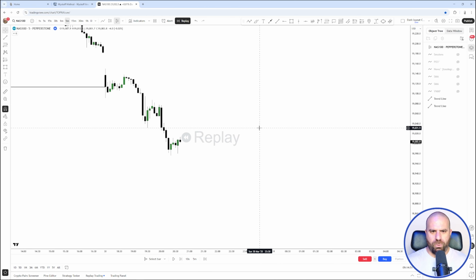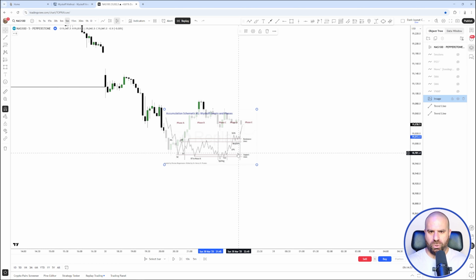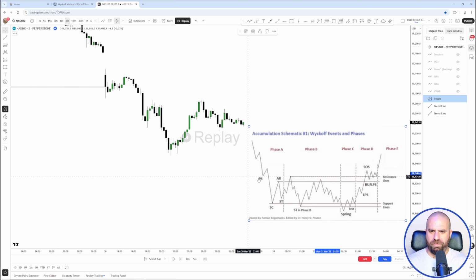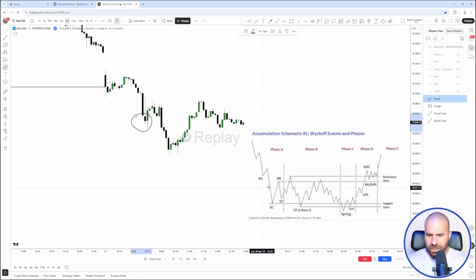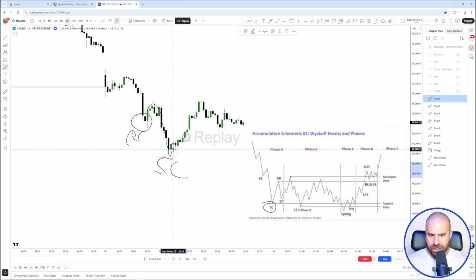And here we are on the 5-minute time frame, and we will be waiting for this simple thing that we showed right here. Okay, some form of preliminary support, which could very easily be this one. Because if you see it like that, the PS, if this is the preliminary support, then look, the seller's climax goes here.